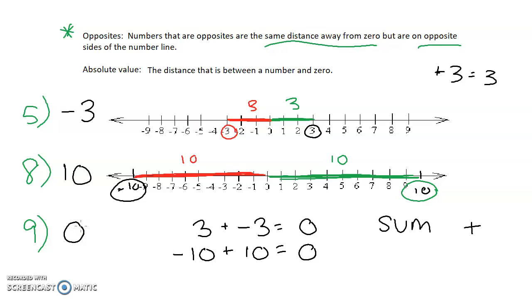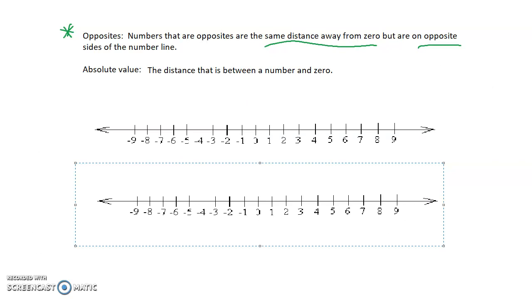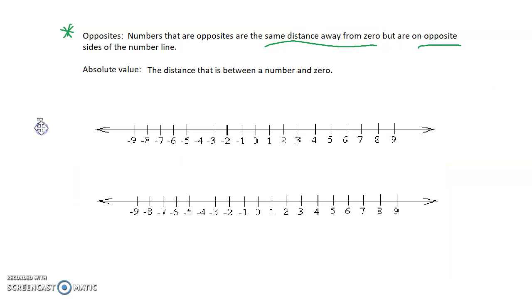All right, moving on. The next problems we're going to look at are problem 6 and number 7, because those problems deal with the term absolute value. The absolute value of a number is the distance between that number and 0. For number 6, it is looking for the absolute value of negative 8.